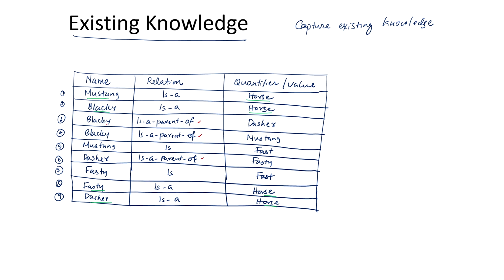So there is Blackie, Dasher; then Blackie, Mustang; and then Dasher, Fasty. Okay. These are the 3 ones.